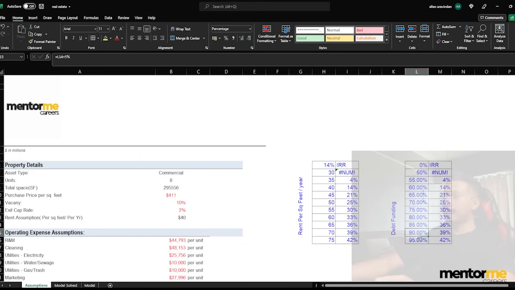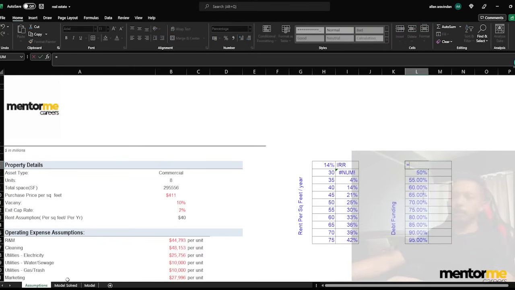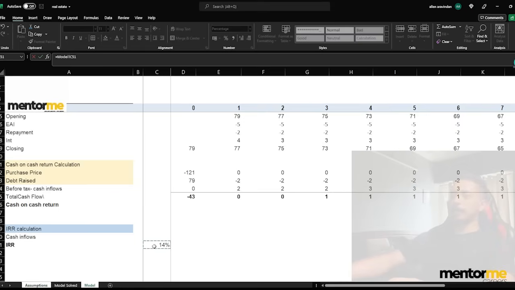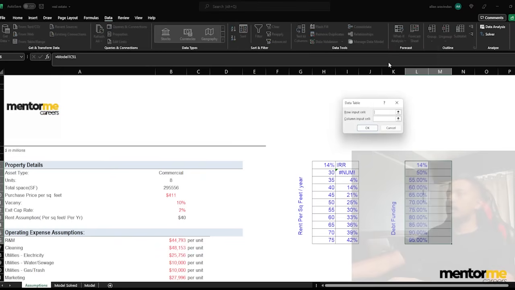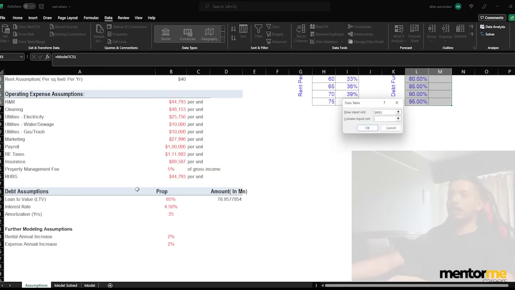So we'll keep it at 90. Just for the sake, we can ignore the value there, right? So let's delete this and now link the IRR. So I think the IRR is already linked. There you go. And now let's go to data, what-if analysis, data table. So row input is going to be blank, but column input is going to have my debt LTV, right?